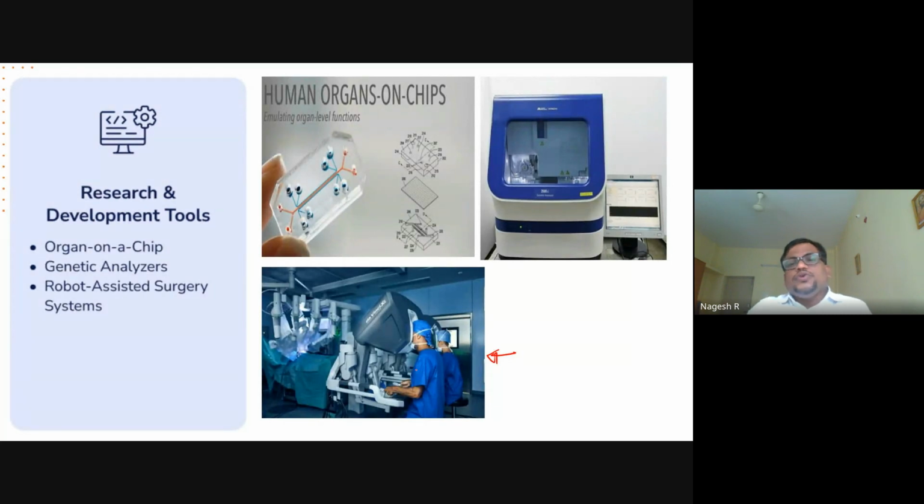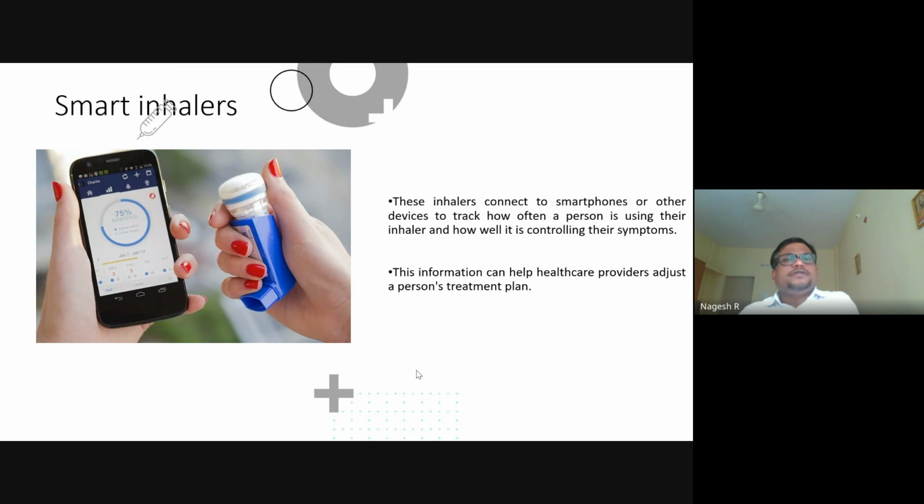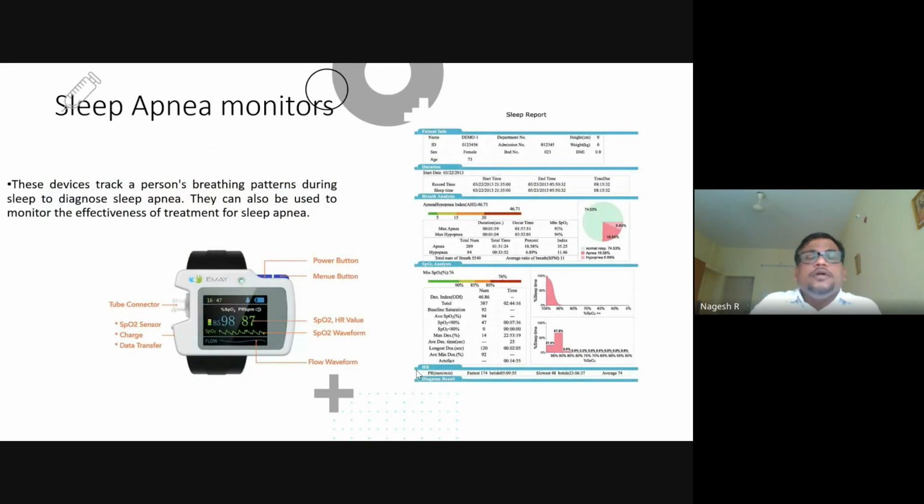This is due to the advent of IoT. Smart inhalers, again, are smart. You can track whether the patient is inhaling the medicine properly, and this information will again be provided onward.